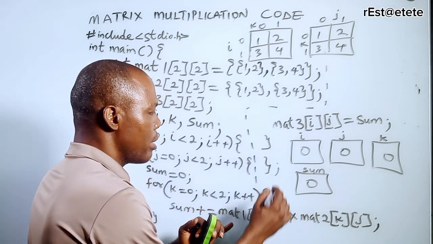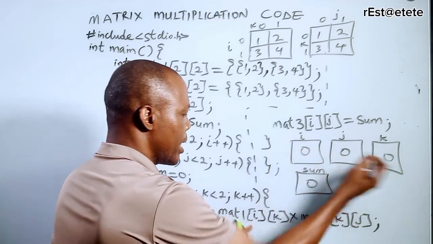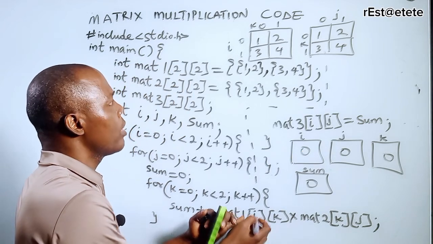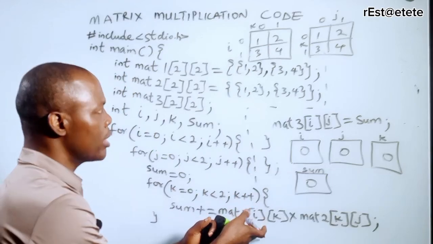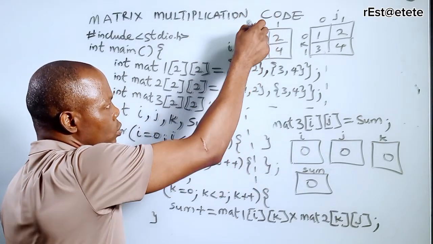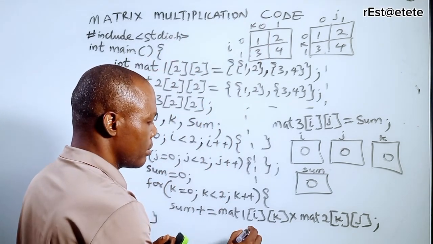So I is 0, right? I is 0. K is 0. That's what this is. So what will be the value? How will you locate the value? So you now come to this place. You take this one and then you come here. So K is 0, I is 0. So what is there? 1, right? So this is 1.